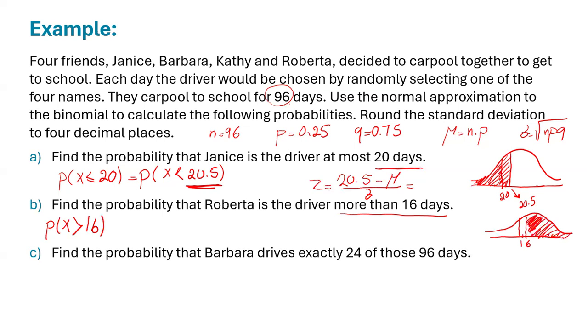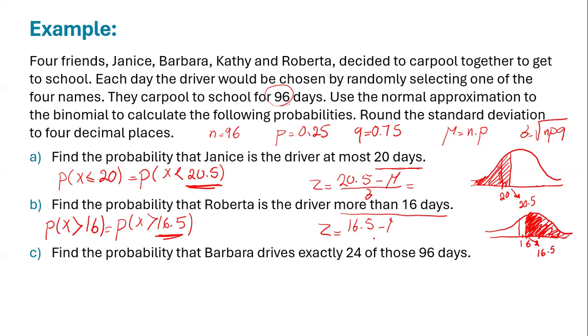Do I have to include the bar? No, because there is no equal sign. So the interval for continuity correction starts at this point, which is 0.5 after 16, and is 16.5. So I want to find the probability when x is greater than 16.5. Now this is my x value, so I need to convert this value to z.